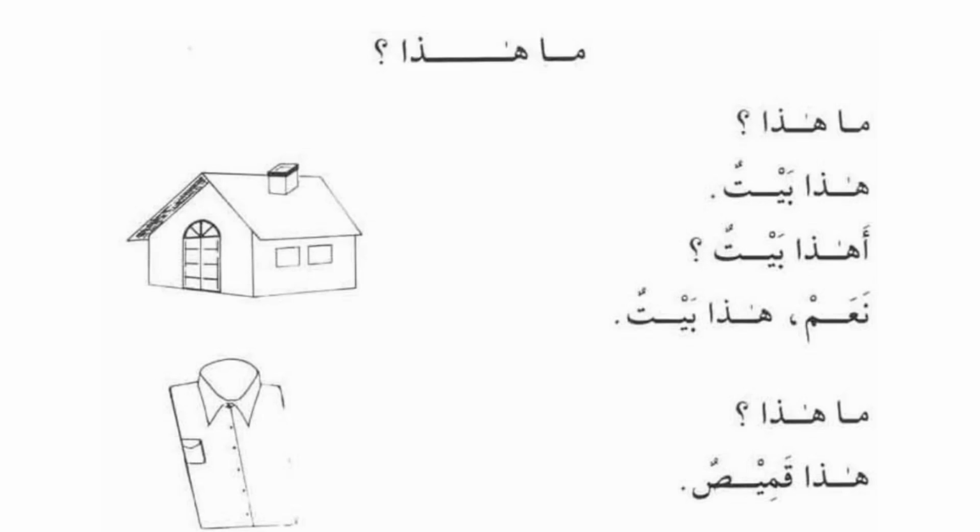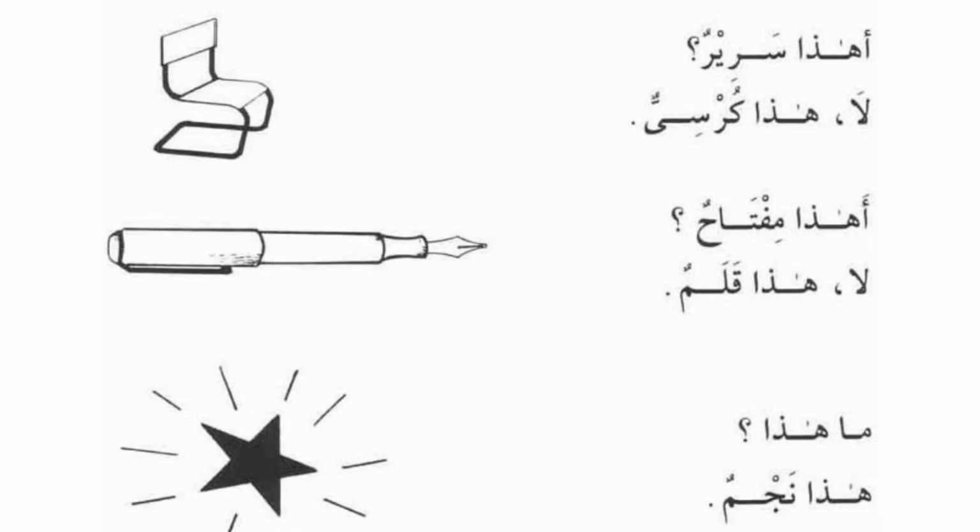Okay. A haadha sarirun. Who can try the translation of this one? Just as I explained earlier, the alif at the beginning is for asking a question. A haadha sarirun.